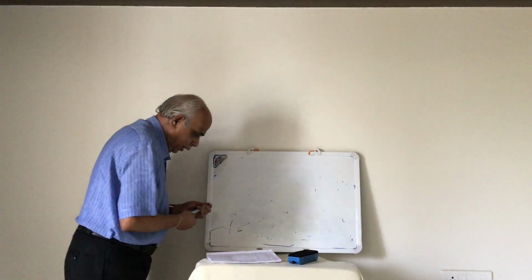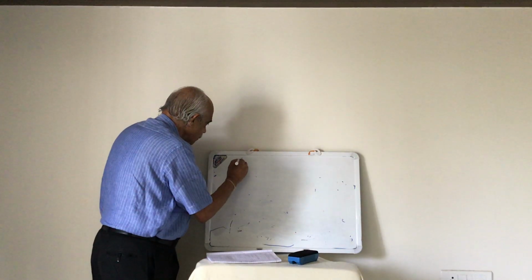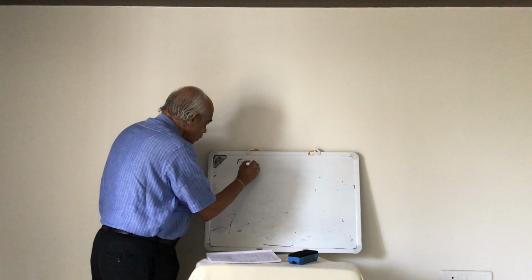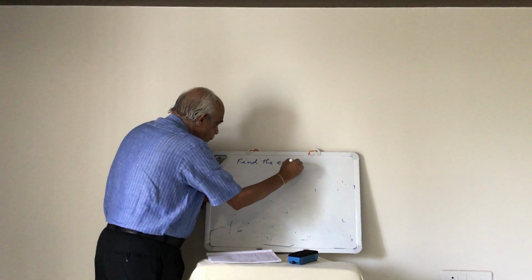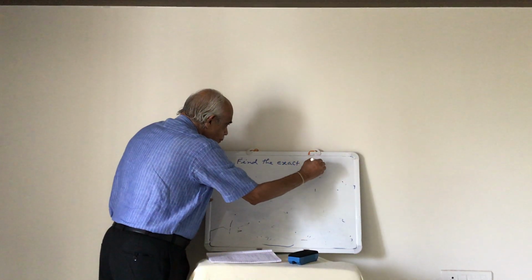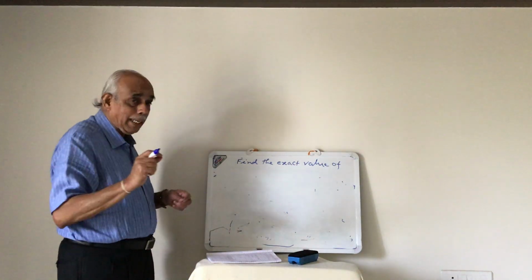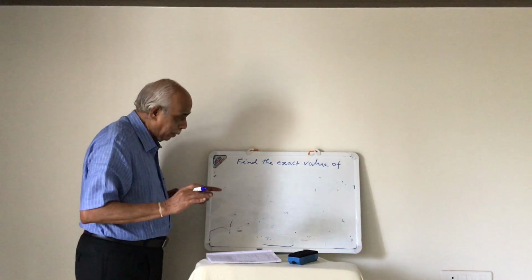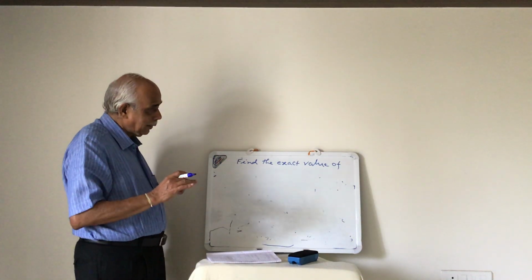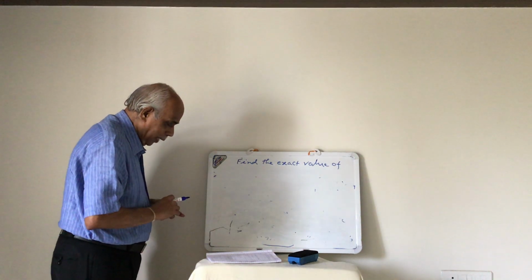Okay, so now the next question is, find the exact value of... Remember that all these problems are from the board examinations past papers, so that you become confident that whatever you are doing is according to whatever is expected.